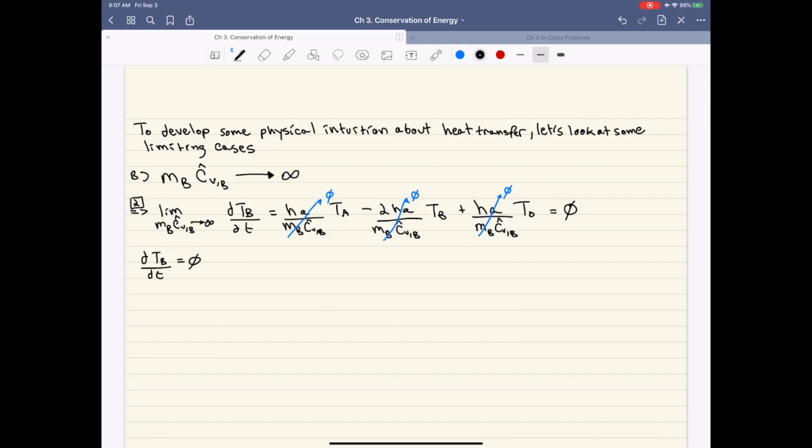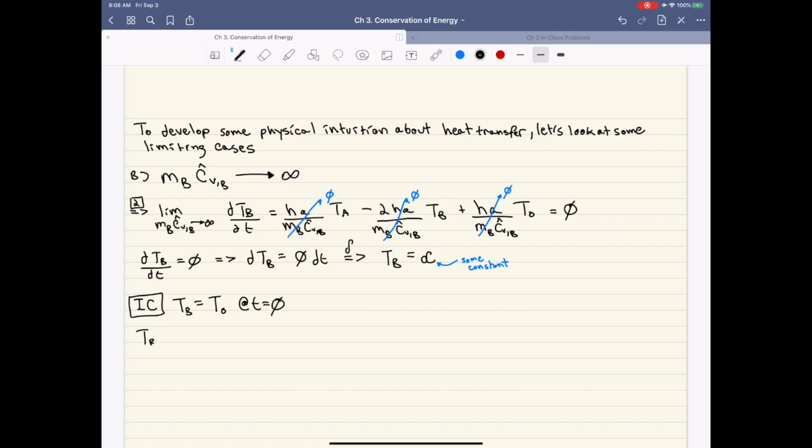Okay. We could bring the dt to the right-hand side, and when we integrate that indefinitely, we get this, where alpha here is just some sort of constant. Okay? Alright, and to figure out what that constant is, we could apply our initial condition. We know that TB is equal to T naught at time equal to 0.